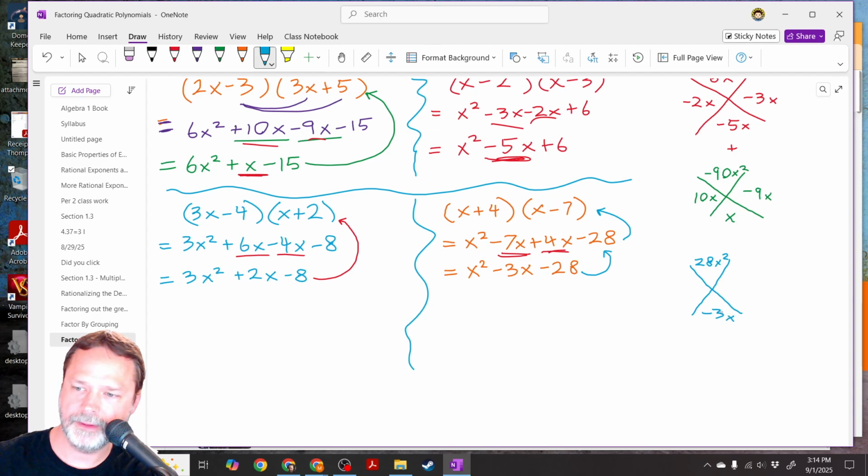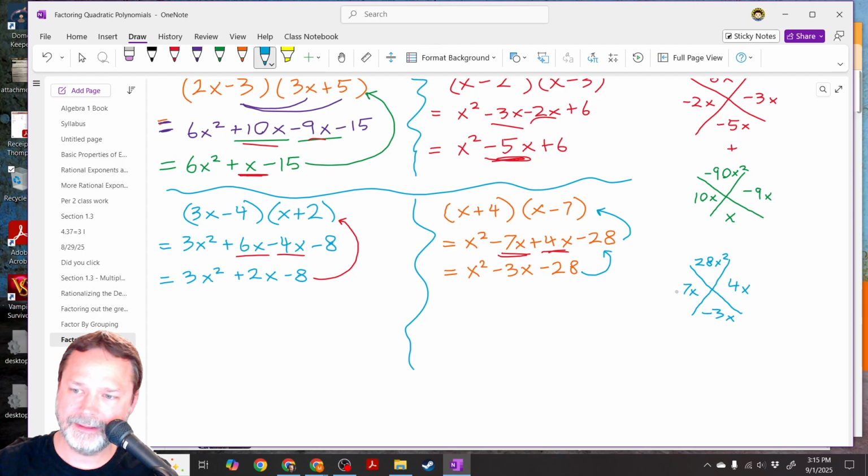And then what you want to do is find two numbers that multiply to the top, add to the bottom. What do you multiply to get 28? 1 times 28, well, that's not going to get us 3. 4 times 7, oh yeah, 7 minus 4 is 3, so I could do 7x and 4x.